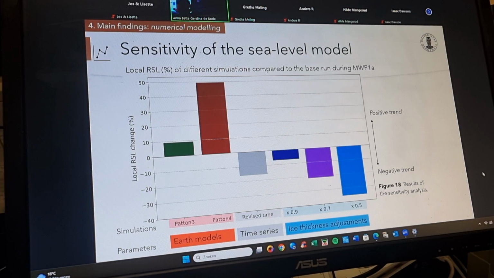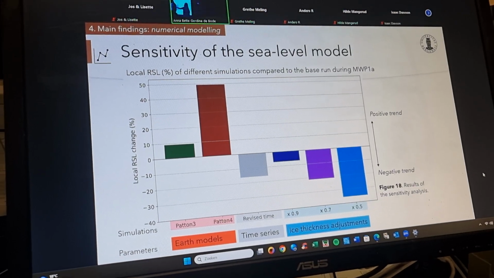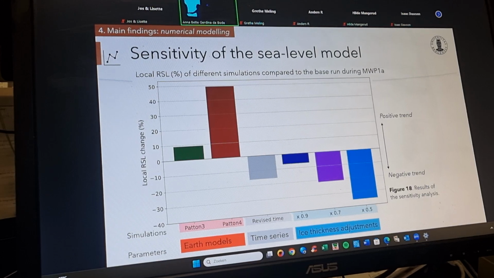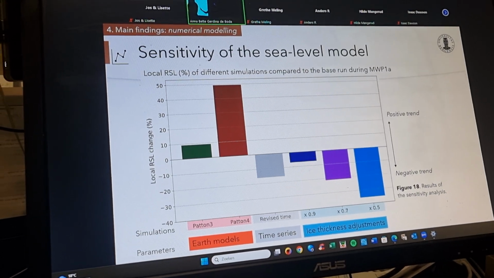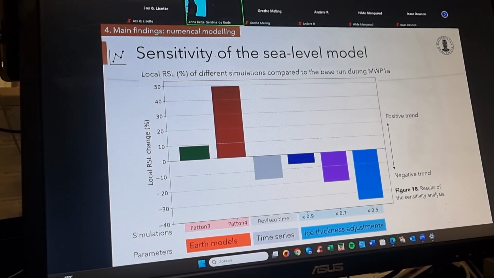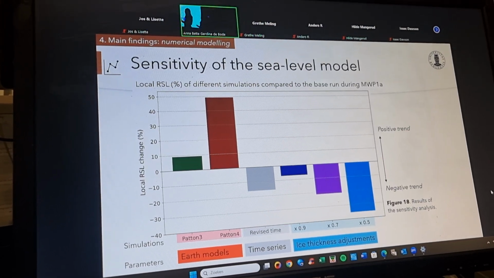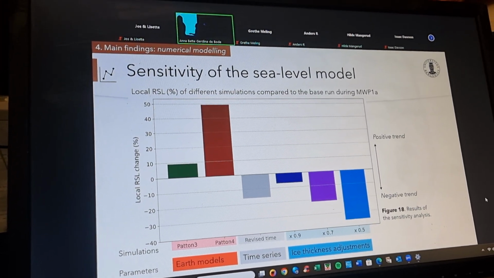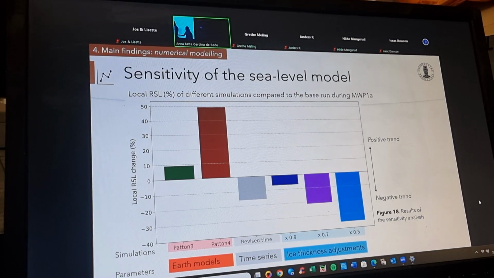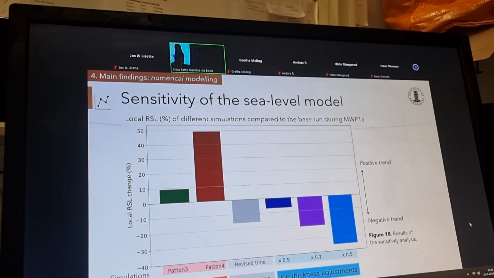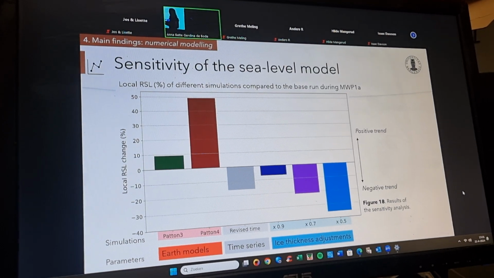Here you can see the local relative sea level change in Buchan, and these results are compared to the base run. To simplify, the base run uses the PM5A model. For example, if I say I want to use a different Earth model, I want to use pattern 4, then I get up to 50% difference in relative sea level change at my local site.